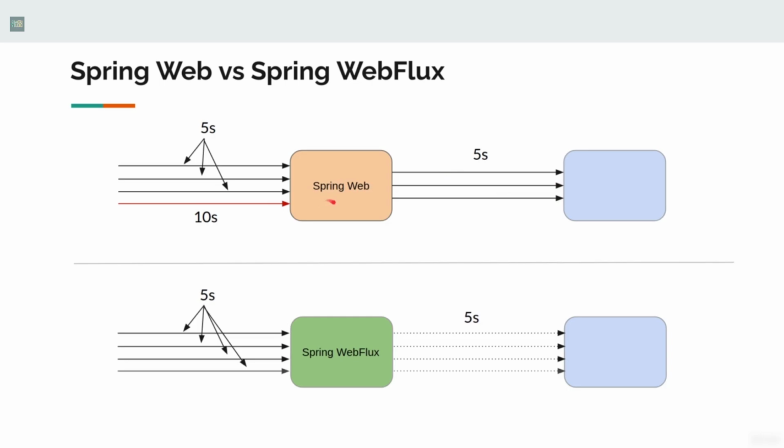If we develop the same application with WebFlux, we can make the HTTP calls in a non-blocking way. So it does not wait for 5 seconds till the response comes back. Instead, it will do some other task if anything is available. So now it will see the fourth user request. So it will send that as well immediately. Because of that, it can process a lot more requests than this Spring Web.